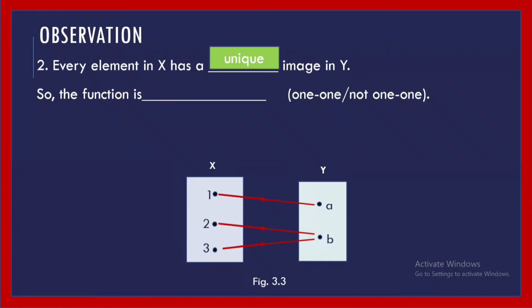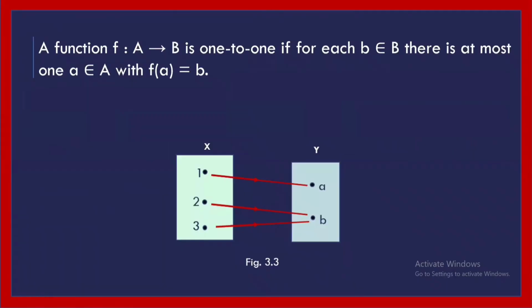So is the function one-one or not one-to-one? Let me recall the definition. A function f from A to B is one-to-one if for each b an element of B, there is at most, meaning maximum, one a in A such that f(a) equals b. But here what do we have?